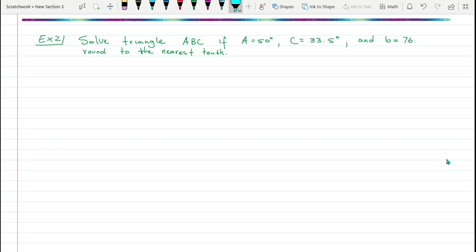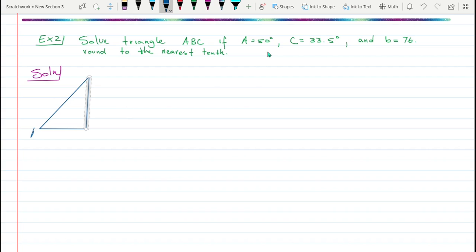So whatever value we get for the length of the sides, it's going to be rounded to the nearest tenth. Create any type of triangle and label it. It's going to be easier for us to see what's going on if we have some kind of picture. So draw a picture and then just label things.